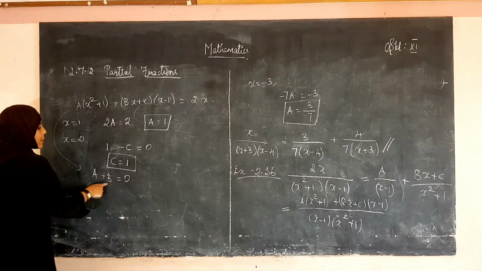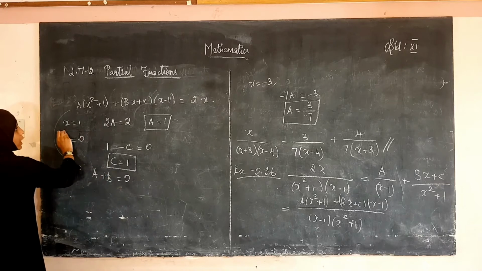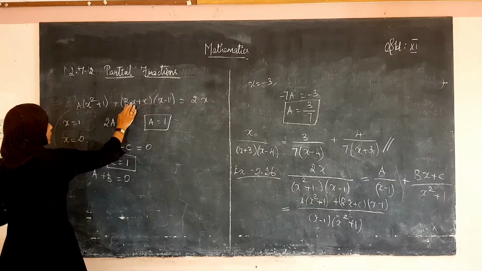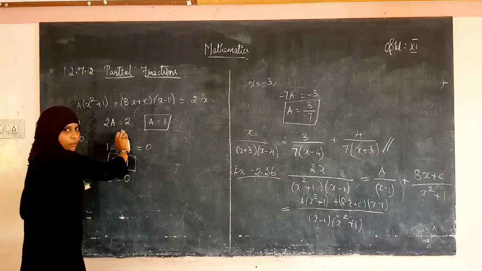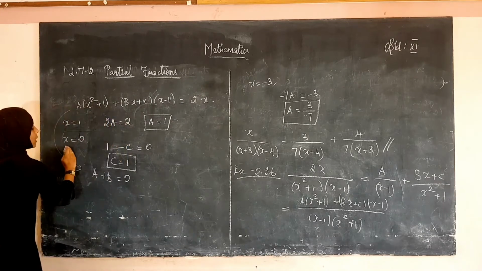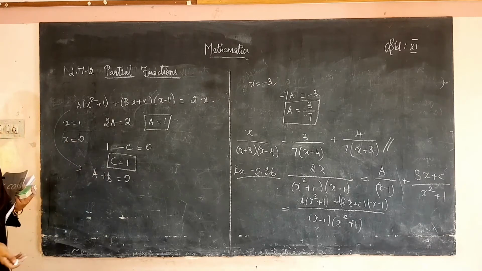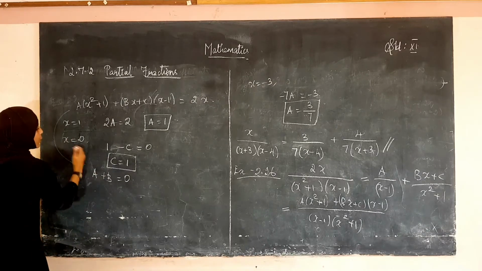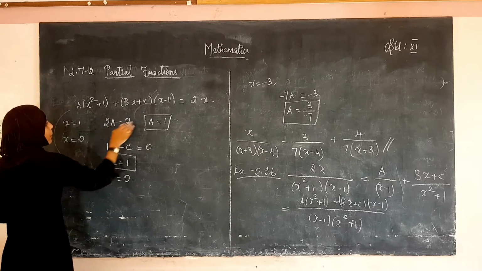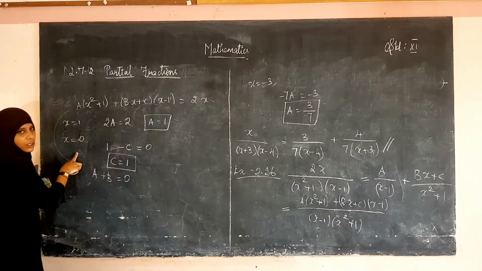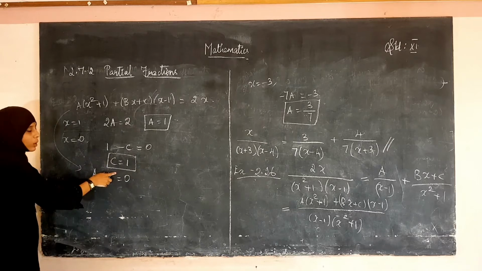So a plus b is equal to 0. First, if we substitute the solution here, one term becomes 0 and from the other term we can find one value, and again let us substitute x is equal to 0. You can substitute x is equal to 0 or x is equal to minus 1, anything. So we substitute 0 and get the value. So c is equal to 1.